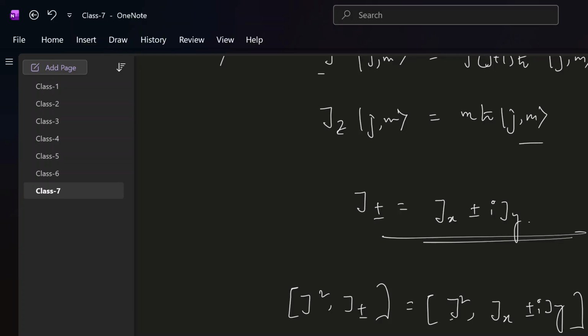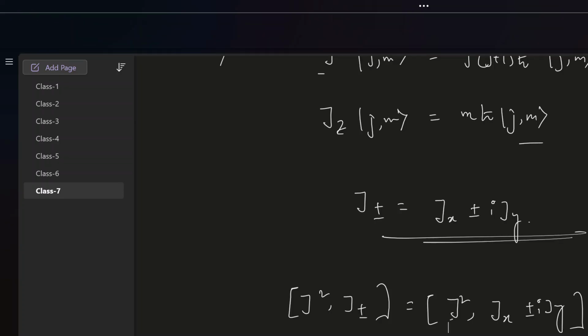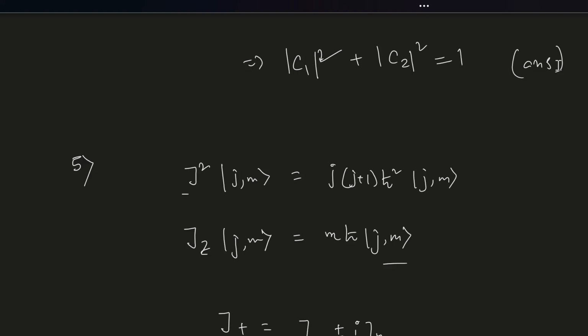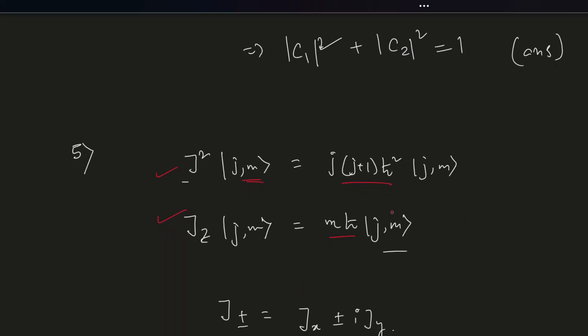Okay, so you are in the middle of the solution for question number 5. We have this information that J square and Jz are two operators that have this jm as their eigenstate, with these respective eigenvalues. Now we had to prove whether J plus minus acting on this jm state will also be an eigenstate for the J squared operator and Jz operator with the same eigenvalue.